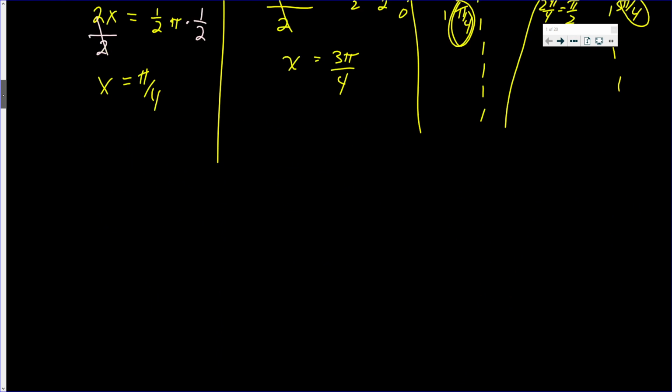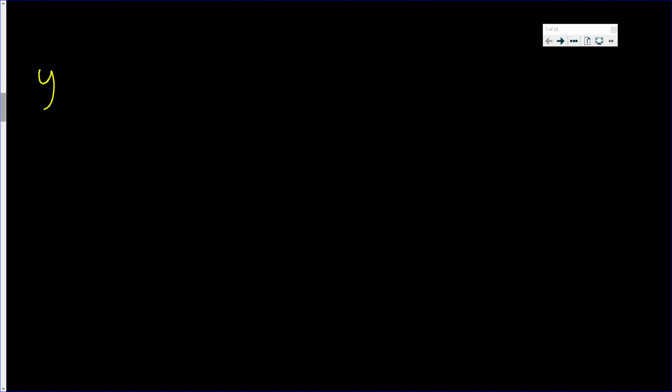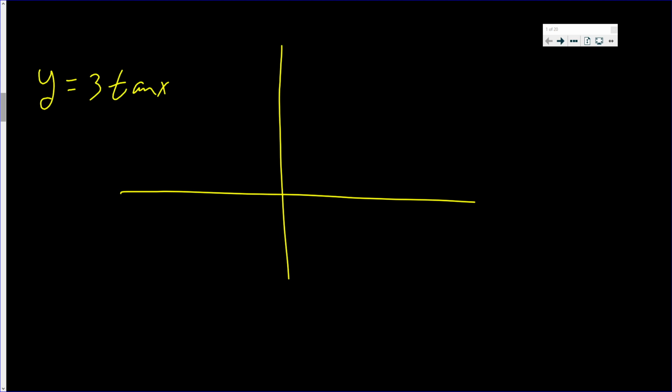Now, what if you were asked to graph 3 tangent x? Well, we know tangent x goes from negative pi over 2 to pi over 2.